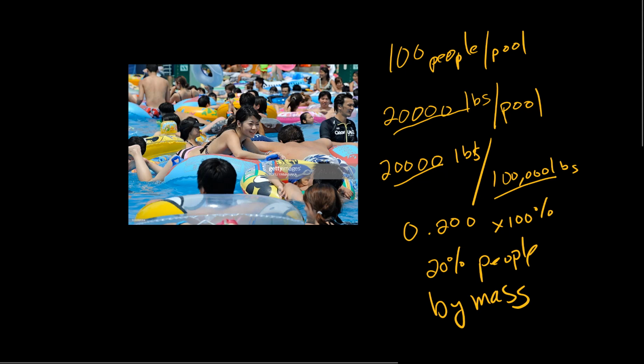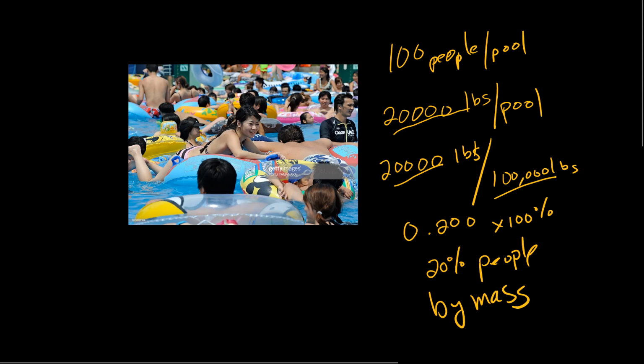It's going to be 20% of that pool is people, and that would be a very crowded pool. But the point I'm trying to make here is simply that there's different ways of describing concentration, and we've only mentioned a few of them here. We're going to go into about 5 different ways of describing how concentrated a solution is.